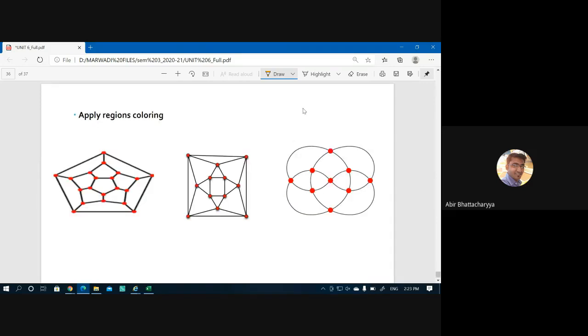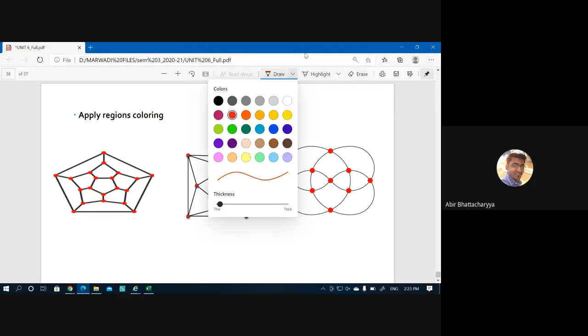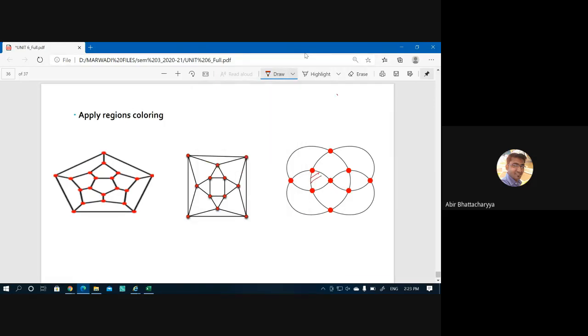Similarly, in region coloring, we have to find the number of colors, so always try to find the minimum number. That is what is intended. If I take this graph and draw this region in red, this one I can also draw in red because they are not adjacent regions. This one is also not adjacent, and this one is also not adjacent. Similarly, this color you can put since they are not adjacent regions.